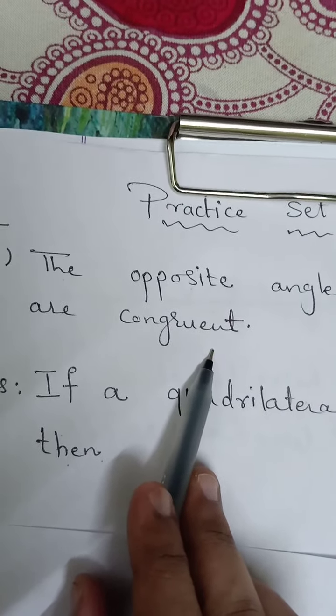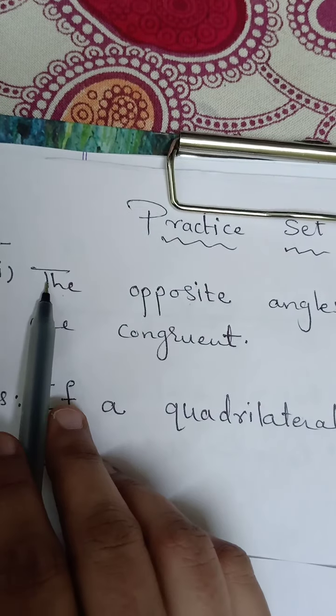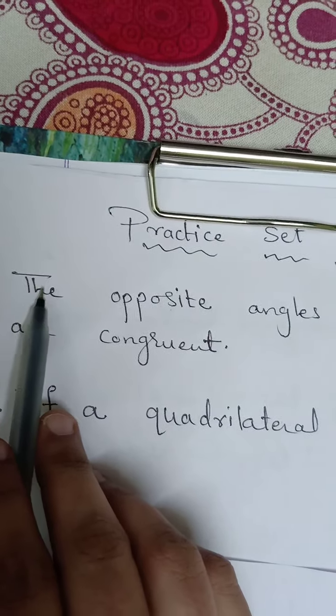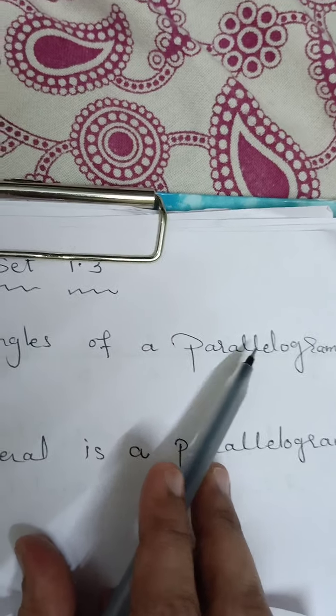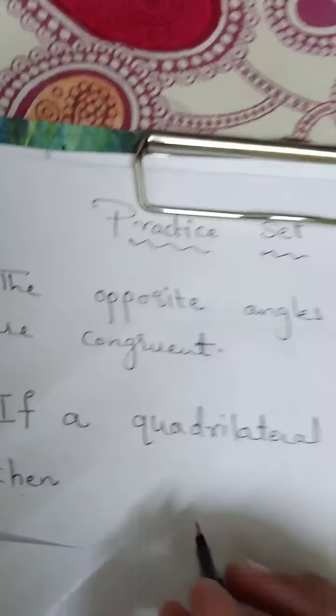Okay, so I think you have understood it. After then we have to start from here: then the opposite angles of that quadrilateral. In the place of parallelogram we have to use the words that quadrilateral are congruent. So I will complete this.